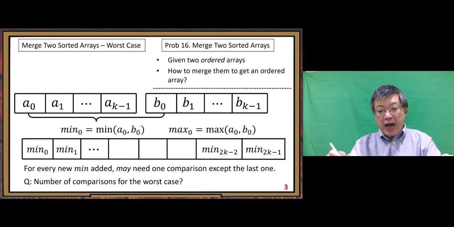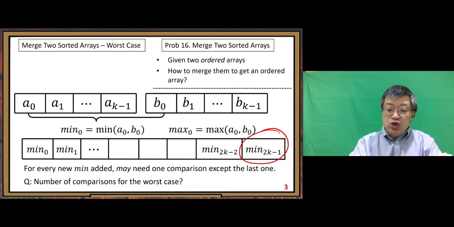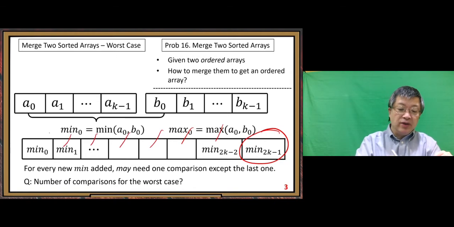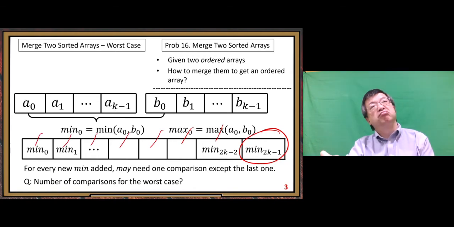Other than the last one, each one needs one comparison. That's the worst case.